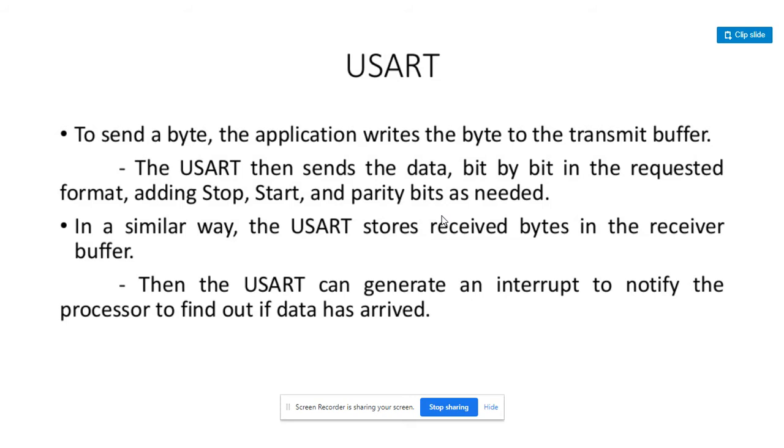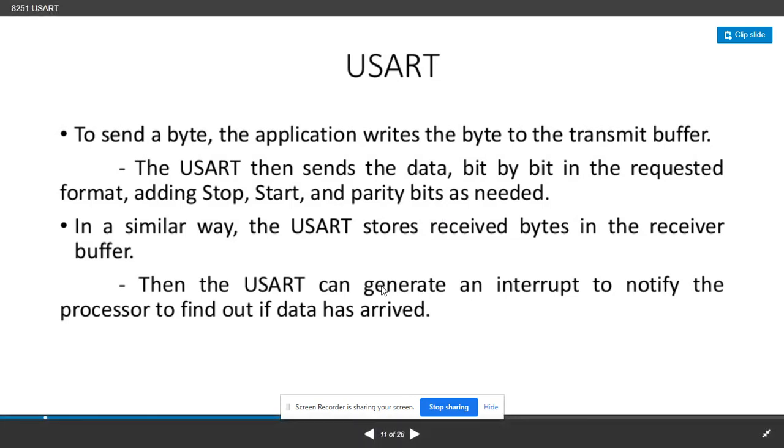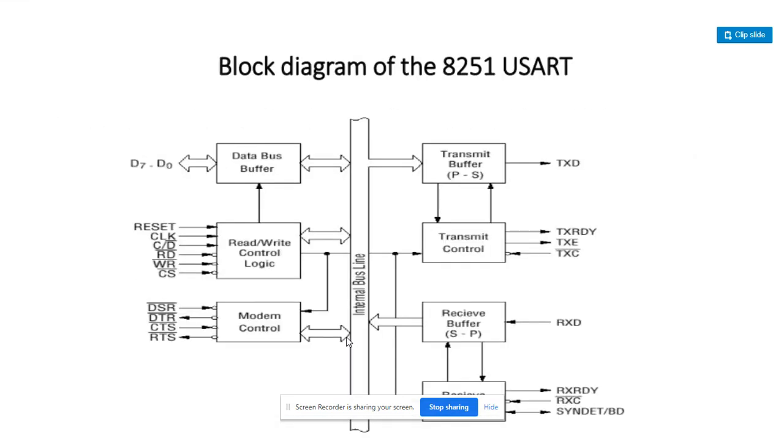To send the data byte, an application writes the byte to the transmit buffer, and the USART then sends the data bit by bit in serial fashion in the requested format by adding the start, stop and parity bits as needed in the format of data. In a similar way, the USART stores the received byte in the receiver buffer, and the USART can generate an interrupt to notify the processor that data has arrived. It means there is an acknowledgement section also.